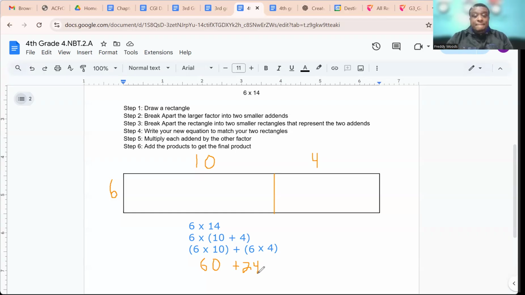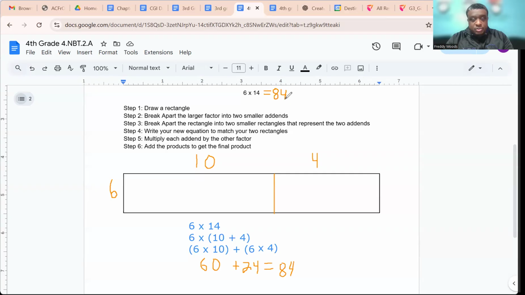And now I can add these numbers together. What is 60 plus 24? 60 plus 24 equals 4 plus 0 is 4, and 6 plus 2 is 8. So 6 times 14 equals 84.